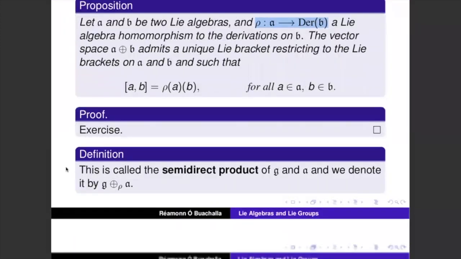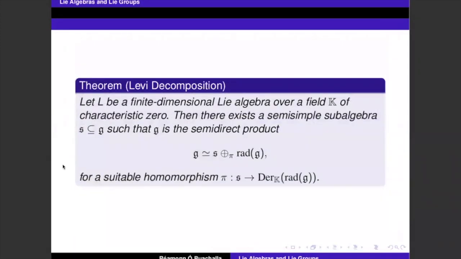Why are we interested in them? Well, we're interested in them because of this result, the Levi decomposition. If you remember, we've been dealing throughout with two extremes of Lie algebra theory. On one side, you've got nilpotent or more generally solvable Lie algebras, and on the other side, we had semi-simple or reductive Lie algebras.